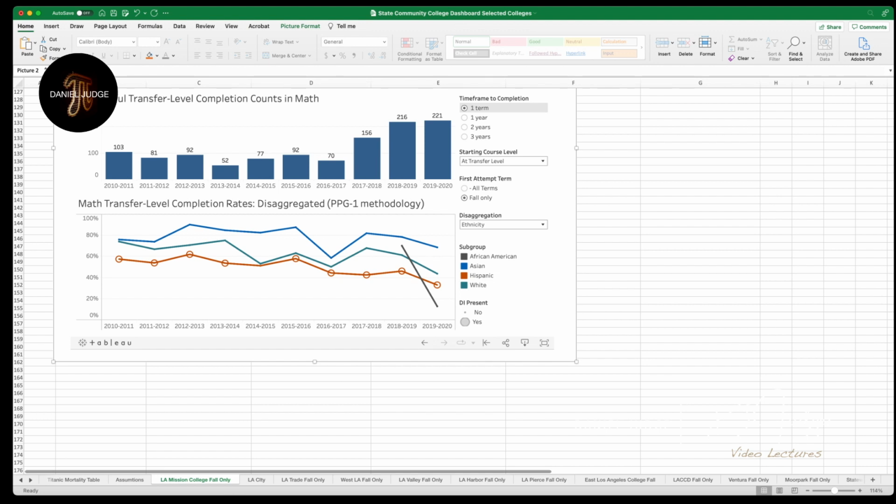Okay? There's gaps. What does that mean? That means AB705 in that first year, for students, the best students, they started at transfer level English and math. This is the math picture. The best students, ladies and gentlemen, had declining success rates, and the gaps even widened in some degree.